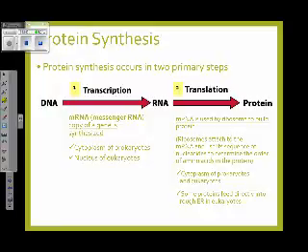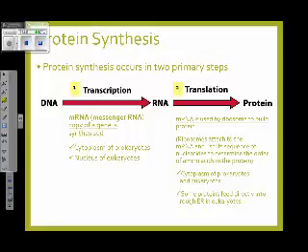Transcription occurs in the cytoplasm of prokaryotes and the nucleus of eukaryotes, so it would occur in the nucleus of our cells. Translation is the messenger RNA being used by the ribosomes to build proteins.